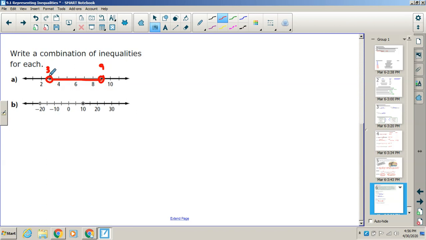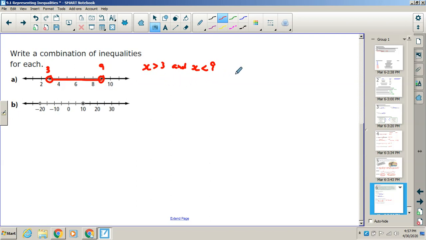So we've got anything that's greater than 3 and less than 9. It can't be 3 and it can't be 9 because they're open dots. So again, I can write this as two separate inequalities: x is greater than 3, and x is less than 9. So that works. That's the combination of inequalities.